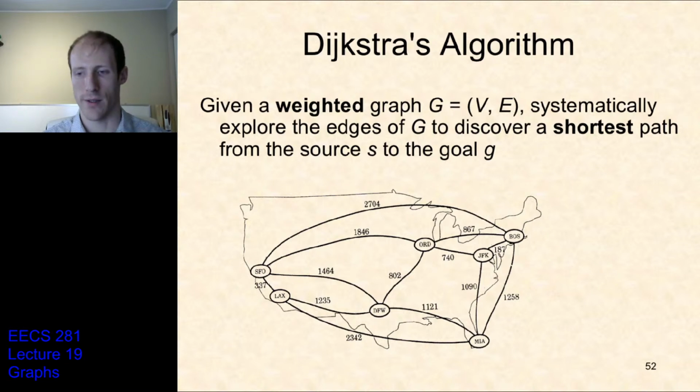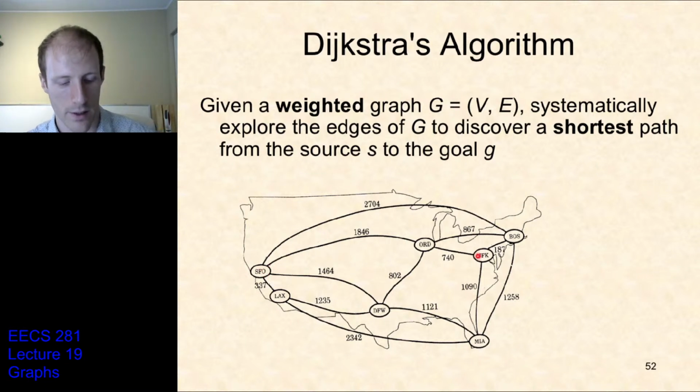And how we're going to do this is we're going to use a priority queue instead of a queue, where the priority of a node is just the amount of distance so far from our starting node to that node. So nodes that have shorter distances, like LAX, are going to come off of the priority queue sooner than nodes that are also like one step away, but have a longer distance. But you'll see all this in more detail later.